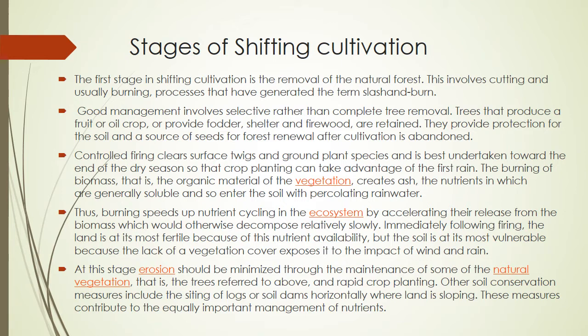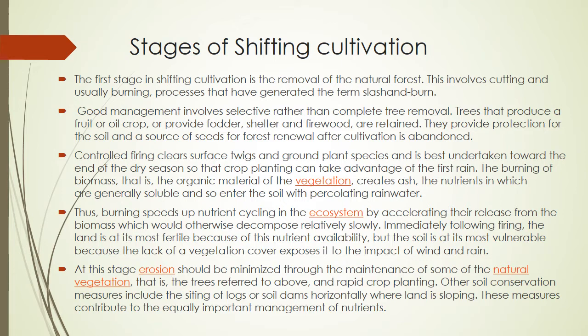Because of that, it can gain its fertility. Thus, burning speeds up the nutrient cycle in the ecosystem by accelerating their release from the biomass, which would otherwise decompose relatively slowly. So burning of the forest land also accelerates the fertility of that particular soil.